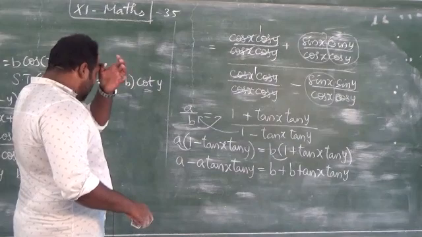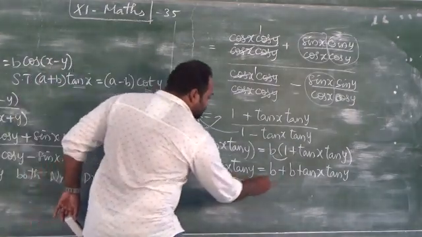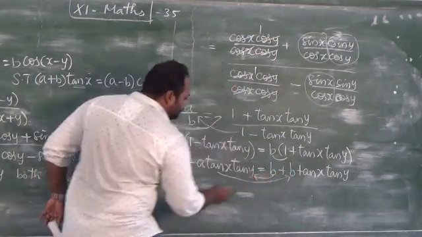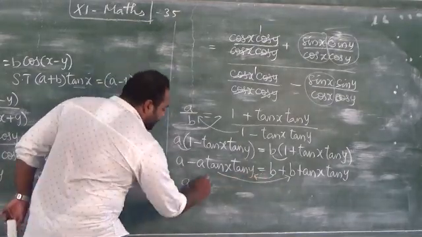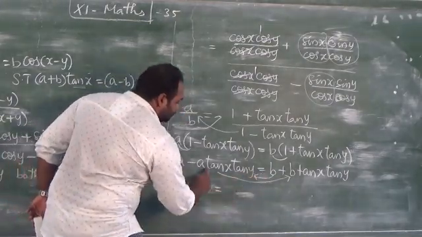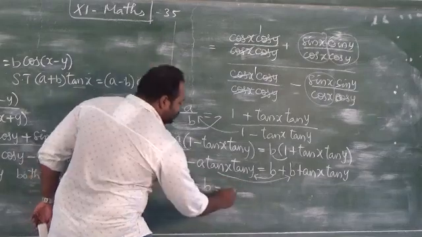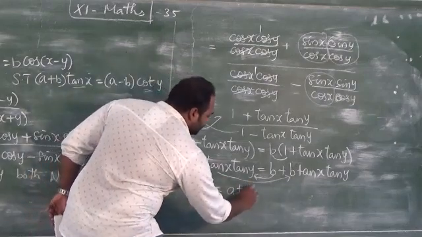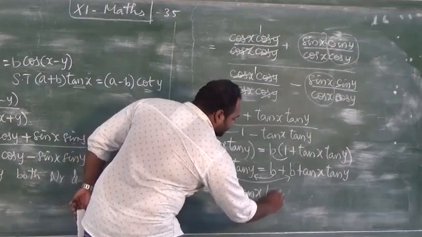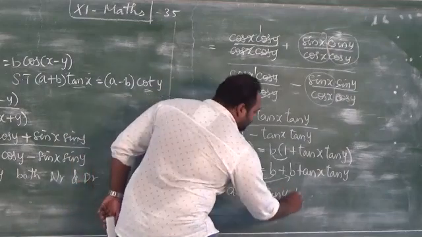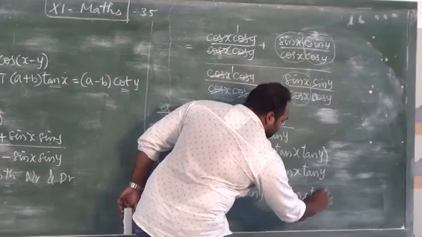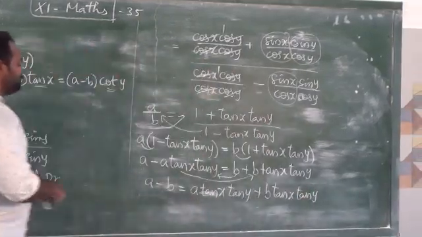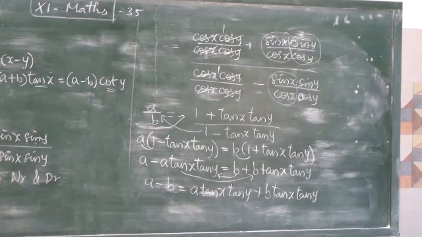Now I am going to bring this term to the other side and B to this side. So A − B, when you bring the B this side, equals, taking this side, positive A tan x tan y plus B tan x tan y.